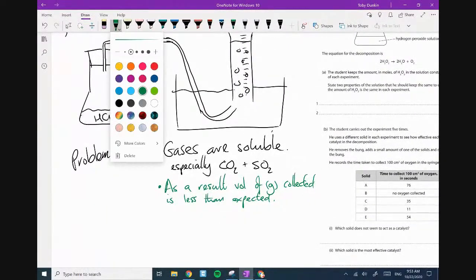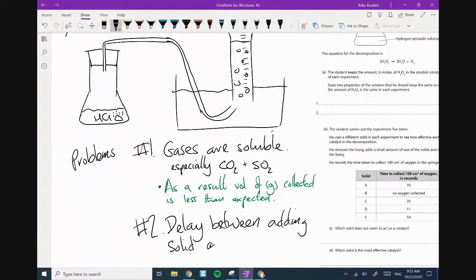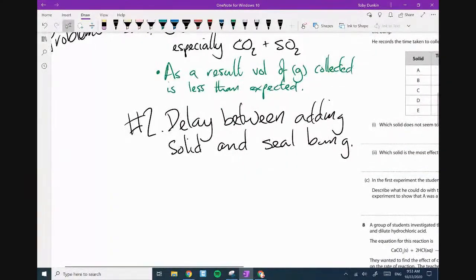Now, can I just point out there is a second problem. Problem number two is that there is a delay between adding solid and sealing the bung.